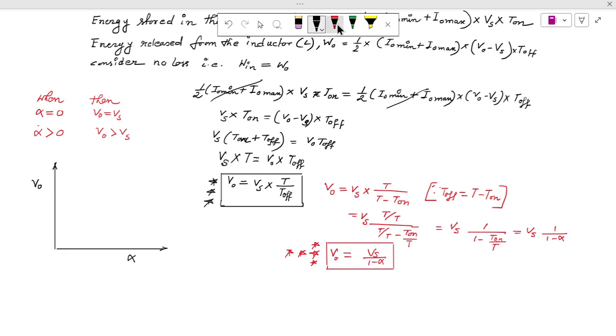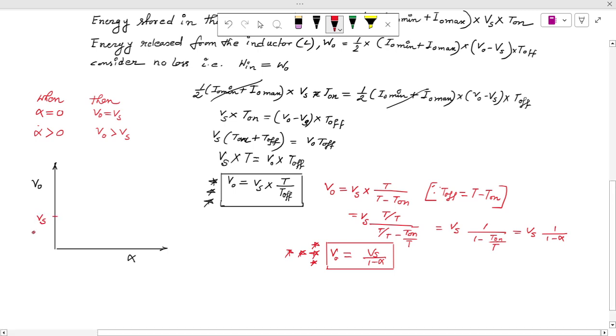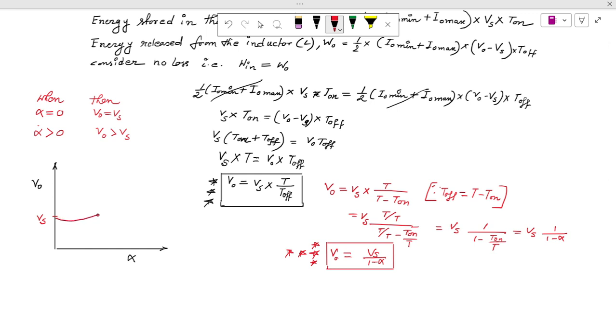Suppose the voltage has some value Vs. So this is our initial value, and the graph will start from here. With the variation of alpha, the graph will increase and tend to infinity. When will it become infinity? When alpha equals 1, then V naught equals infinity.